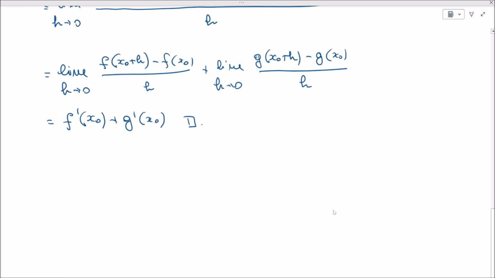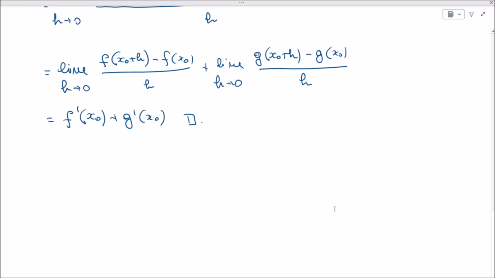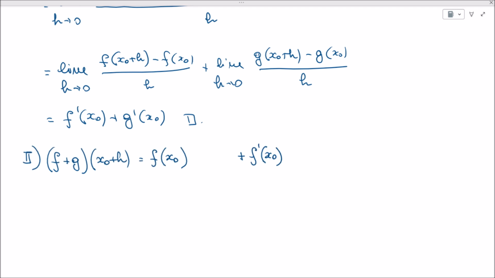We can do the same by just using the differential. So let's give an alternative proof of this. We need to write f plus g in the point x naught plus h, but this is f of x naught plus f prime x naught times h plus little o of h.